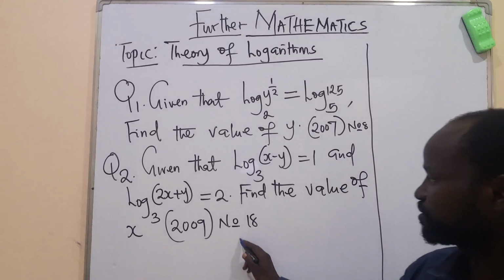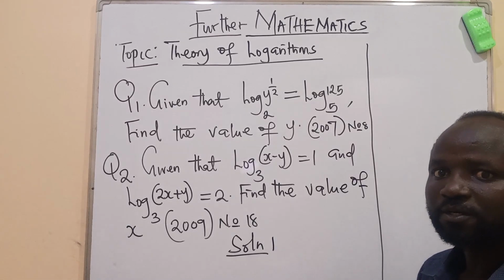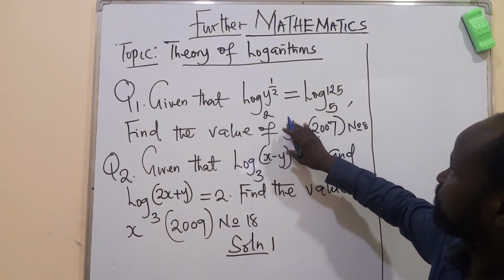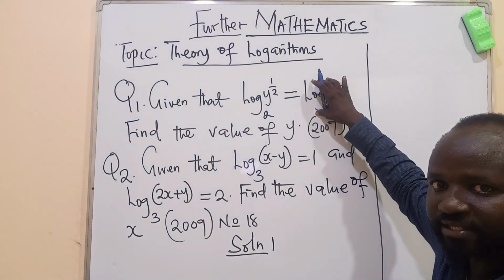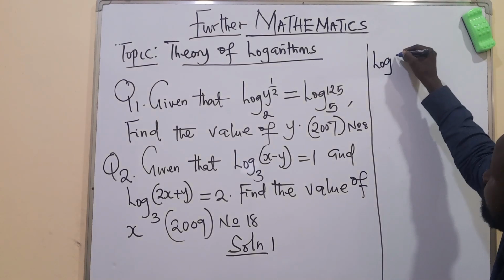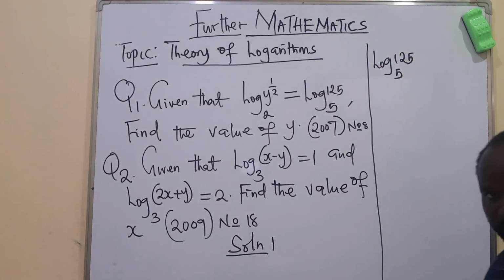First thing to do, we'll write down the solution, as solution to 1. We are asked to find the value of y. To find the value of y, let's work on the right hand side. On our right hand side, we have log 125 to base 5.